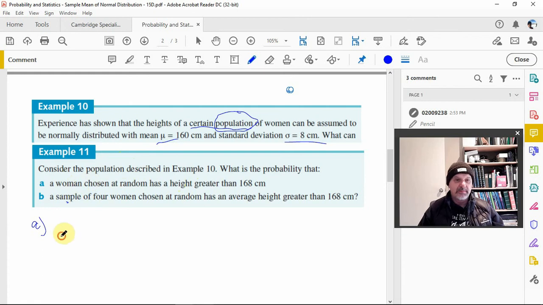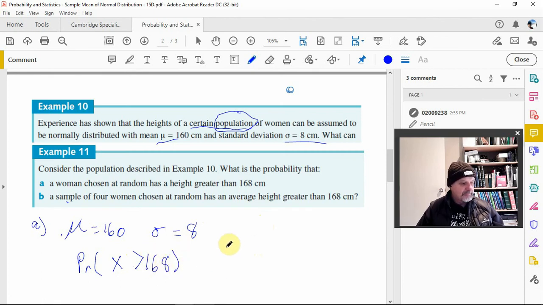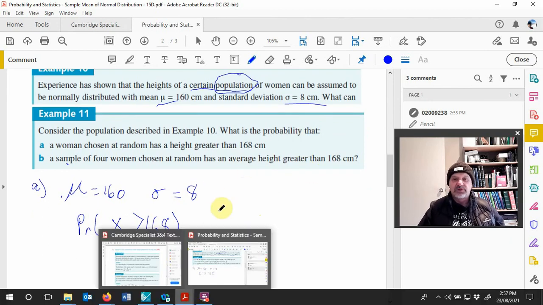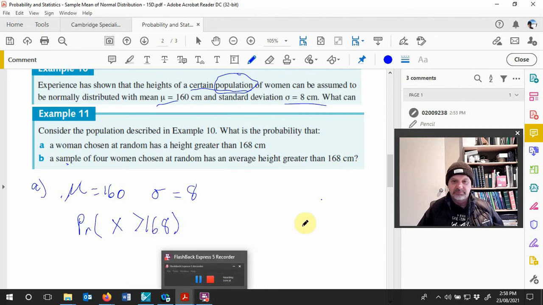So for part A, our mean is 160 and our standard deviation is 8, and so we just use those figures, and we are after the probability that a woman chosen at random from that population is greater than 168 centimetres tall. All right, so that of course is for this particular population with this mean and this standard deviation.